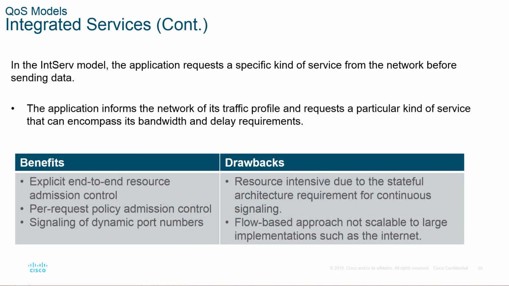Int-serve also uses the resource reservation protocol, RSVP, to signal the QoS needs of an application's traffic along devices in the end-to-end path through the network. If network devices along the path can reserve the necessary bandwidth, then the originating application can begin transmitting. If the requested reservation fails along the path, the originating application does not send any data. So it's either going to work or it's not going to send it.